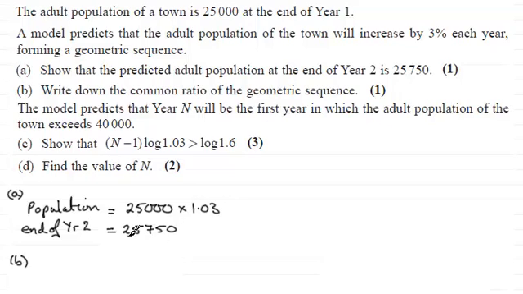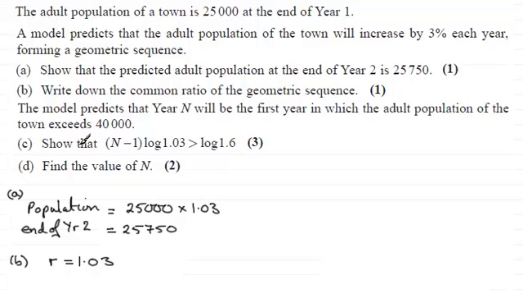If I wanted to get the population for year 3, I'd just multiply this by 1.03. So all the time I'm multiplying by 1.03. So we call that common ratio R, and R would be equal to 1.03 then.